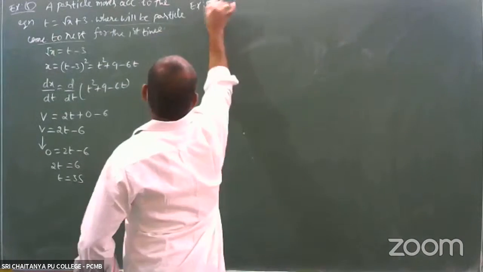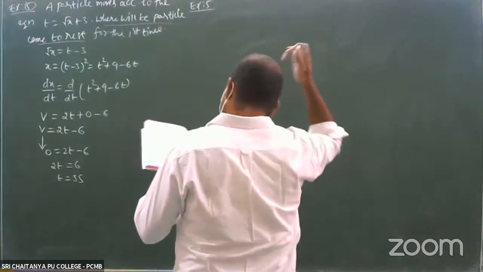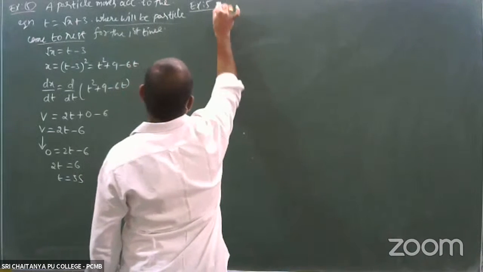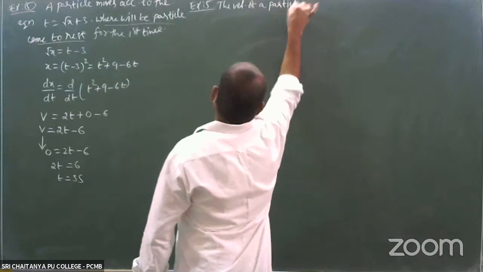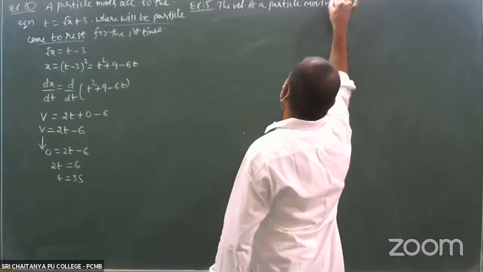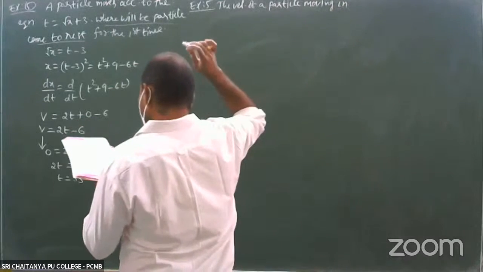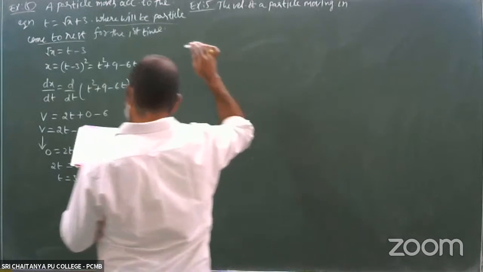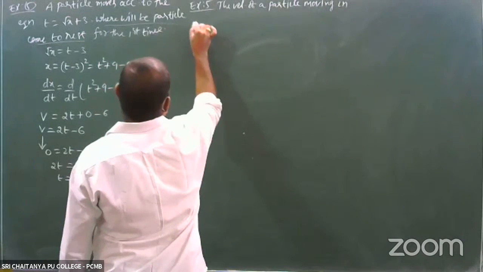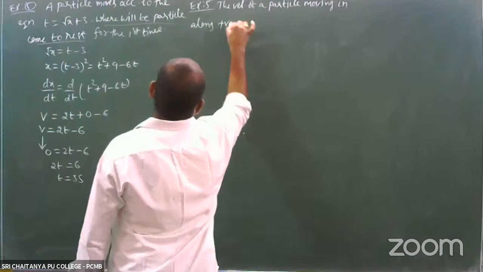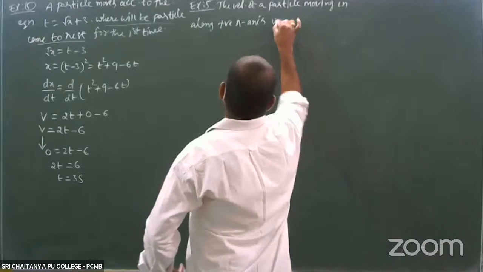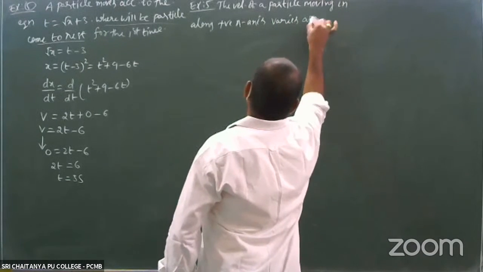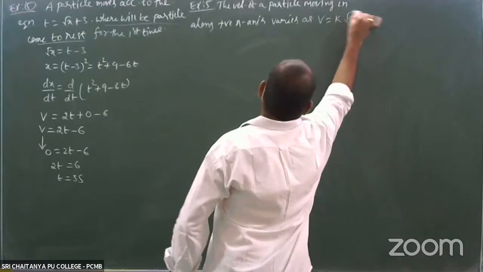Next example. The velocity of a particle moving along positive direction of x-axis varies as v is equal to k into root s.